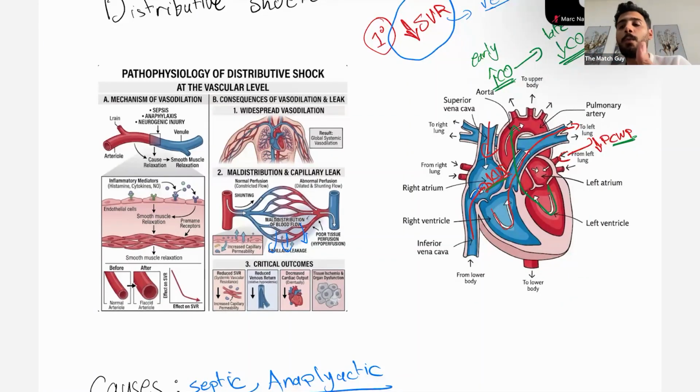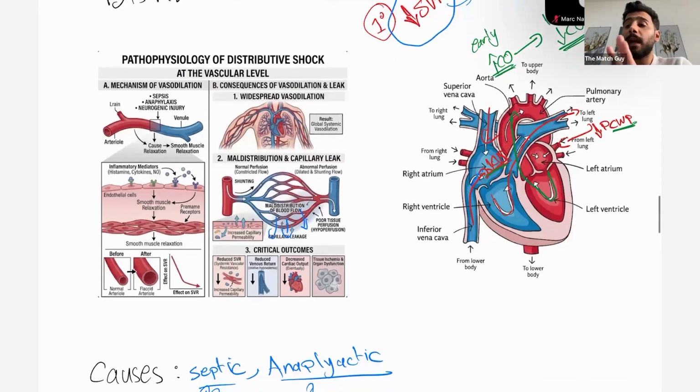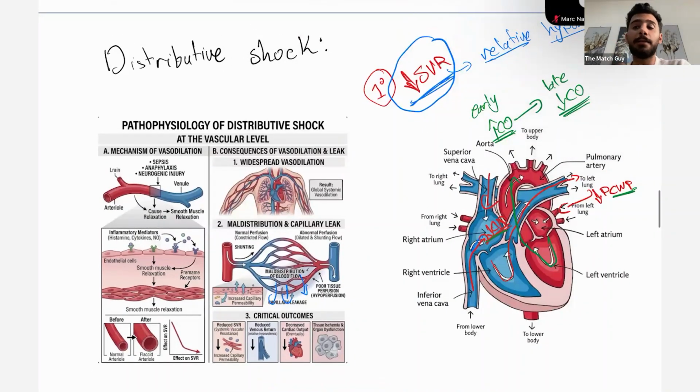I've just given you what the USMLE likes to test and what they always assume is going to happen, a fall in the pulmonary capillary wedge pressure, though in some cases you might have some pulmonary edema and an increase in the pulmonary capillary wedge pressure just because of what we just talked about, the increased permeability of the blood vessels, where the blood accumulates in the third space and fills up tissues like the lung maybe. But the decrease in the systemic vascular resistance is always going to be found in distributive shock, and it's going to be the cause of distributive shock all the time.